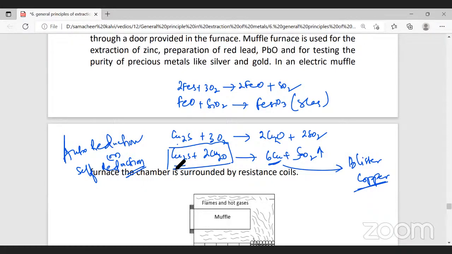So here cuprous sulfide will reduce cuprous oxide to copper. So cuprous sulfide itself behaves like a reducing agent, and the blister copper which is obtained is around 98%.